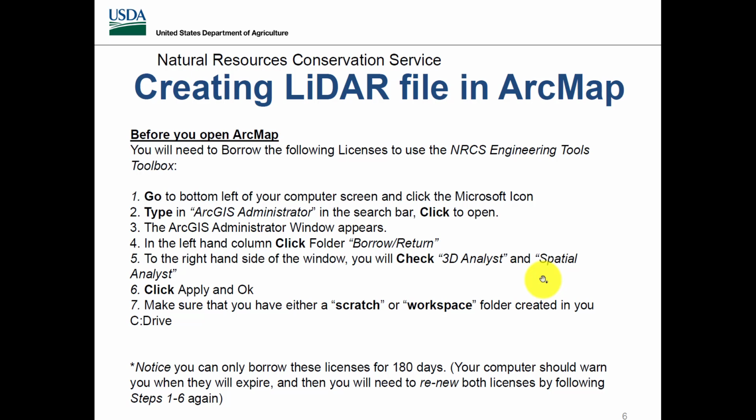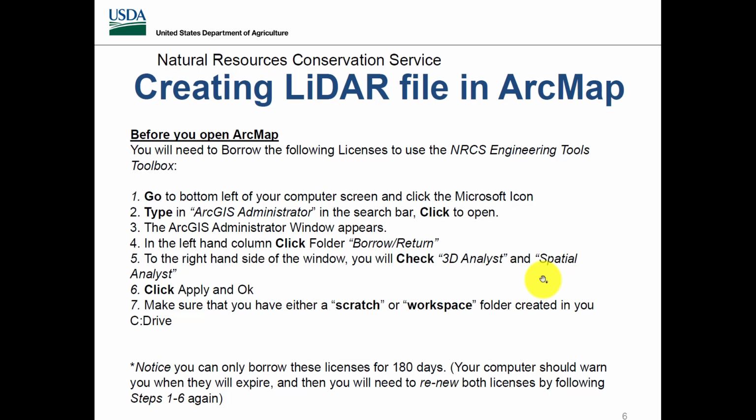The first step you'll need to do is borrow licenses in the actual ArcGIS software. Go to the bottom left of your computer screen and click the Microsoft icon, and type ArcGIS Administrator in the search bar. Go ahead and click Open.